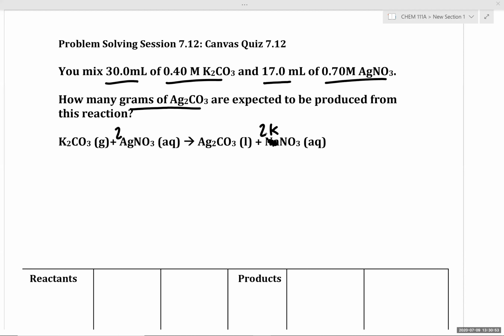And we'll discuss this example in about another minute and a half. And if anyone would like to type in their proposed response for the mass of product silver carbonate generated, don't be shy to let us all know in the chat. And I'd be happy to provide feedback.